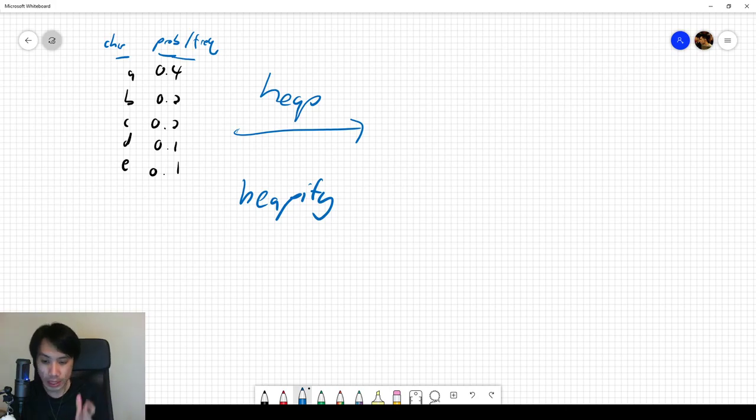We have proven heapify to be O of n, and we also have a recap on binomial heap, Fibonacci heap. Heapify will be amortized into O of n complexity as well. So please do not insert one by one. If I see you insert one by one, it means your complexity becomes n log n instead of O of n.